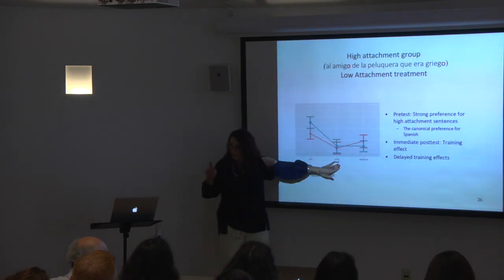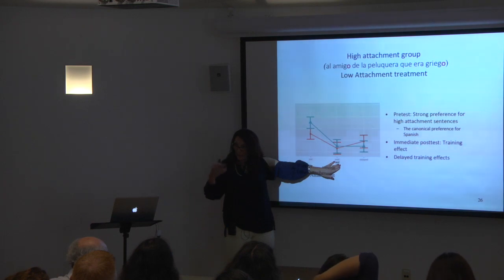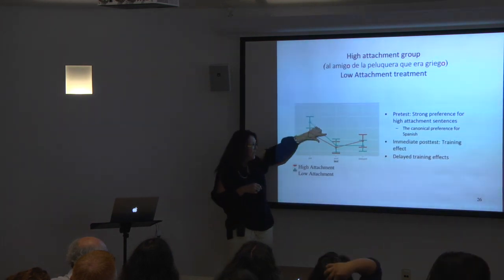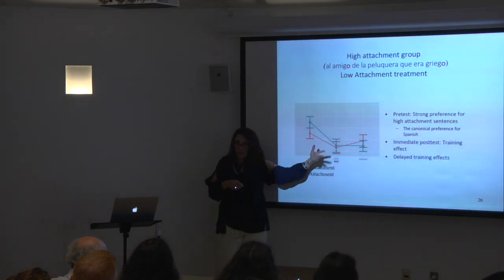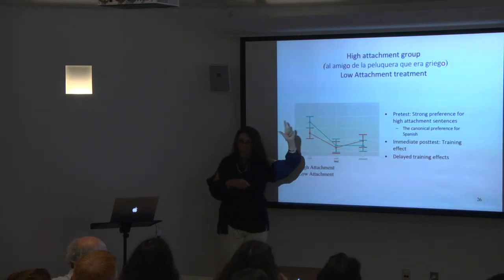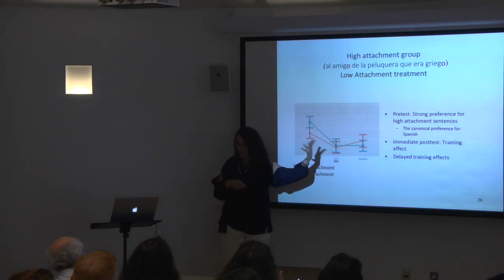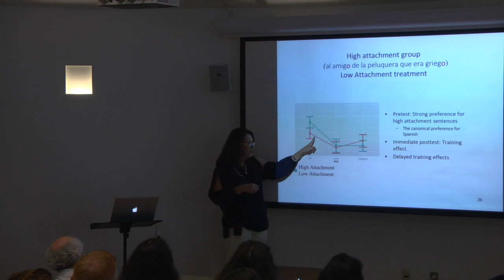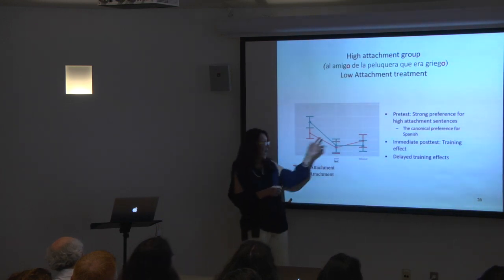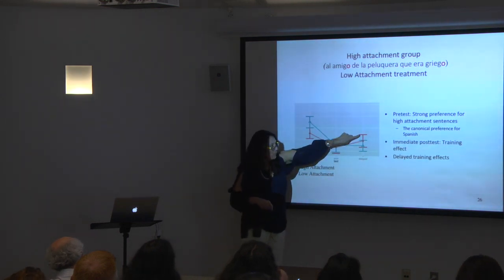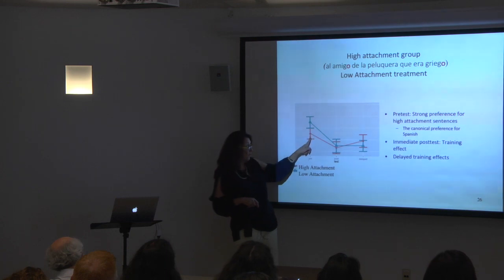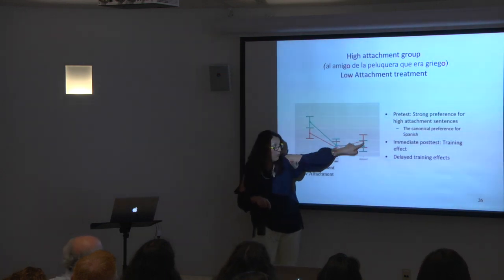One week later, we brought them to the lab and tested them again in their comprehension, and what you see is that they began to change, all right? So exposing them to sentences that were opposite to the sentences that they typically favor when they process Spanish ended up changing the way they process Spanish.